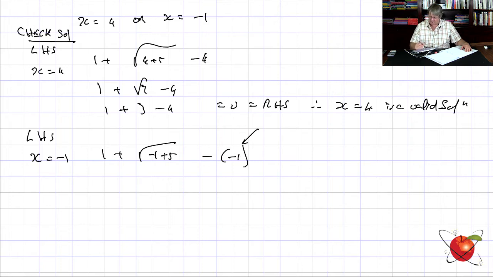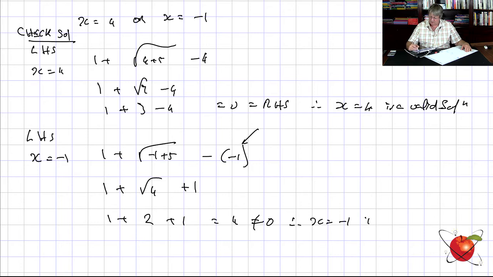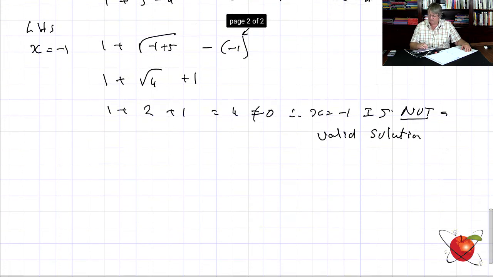Look in brackets, I'm putting them in brackets, which gives us 1 plus root 4 plus 1, is 1 plus 2 plus 1, which is equal to 4, not equal to 0. Therefore, x equals minus 1 is not a valid solution to this equation.